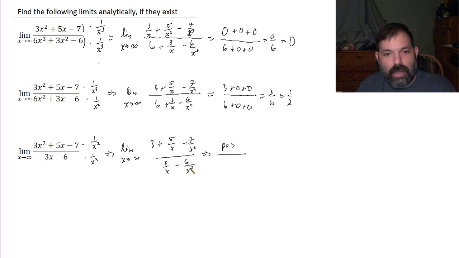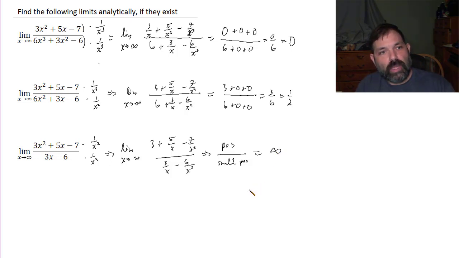And that 6 over x squared is going to be a smaller number than 3 over x. So that's going to give me a small positive number in the denominator. And so then this is an infinite limit.